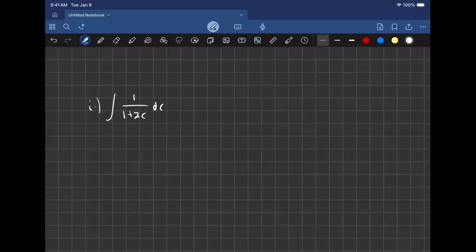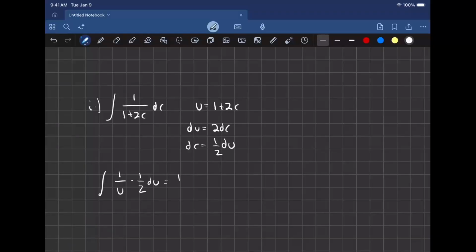Let's just make a u sub. Let u be 1 plus 2r. So du is just 2dr. So dr is 1/2 du. So we get the integral of 1 over u times 1/2 du.